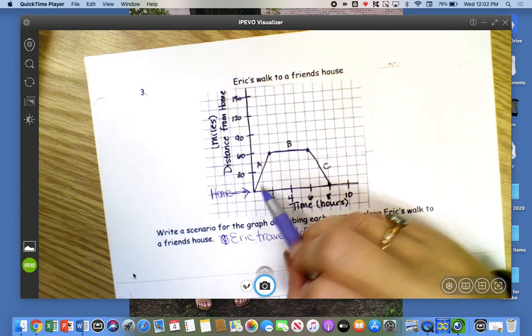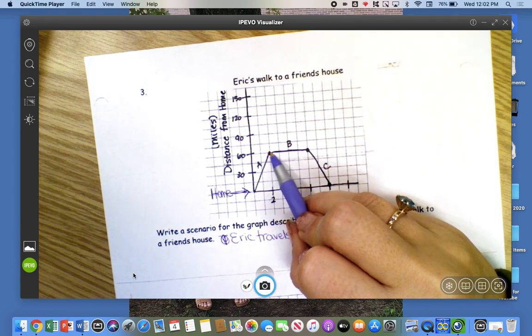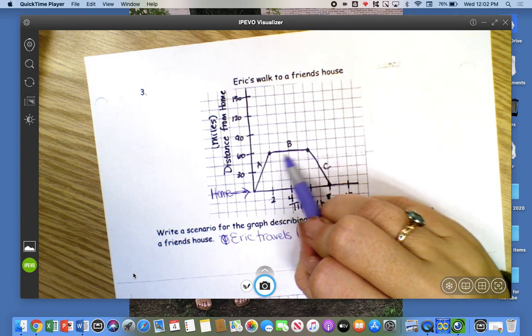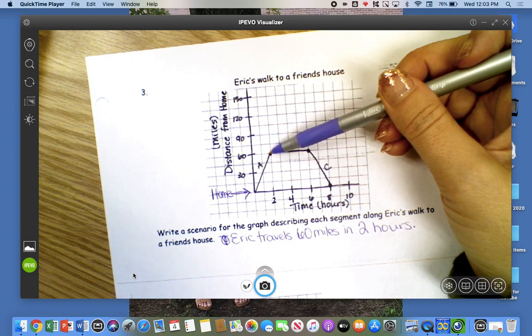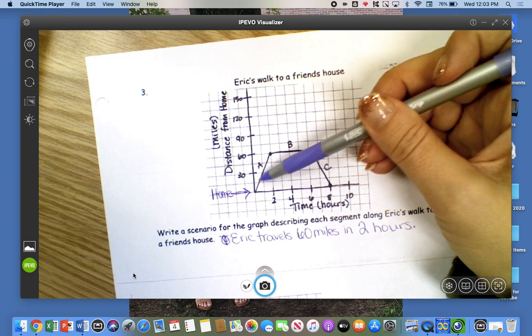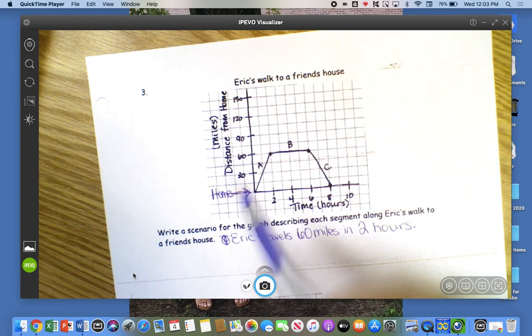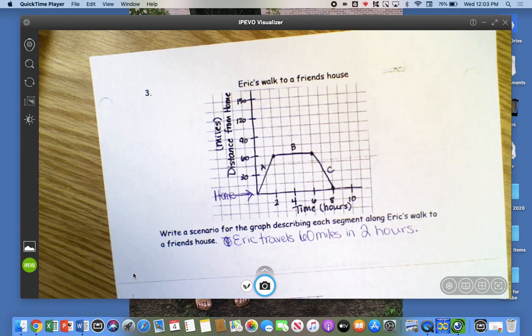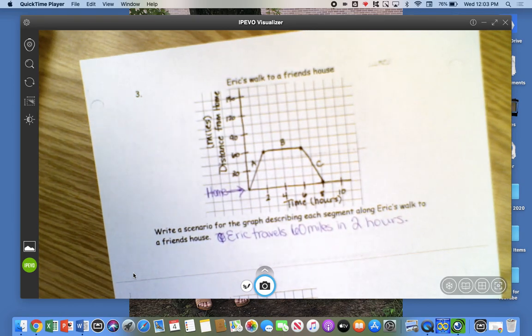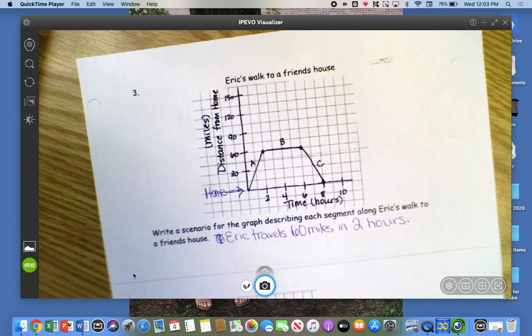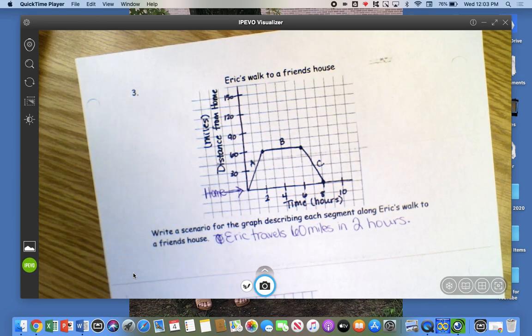All right, so he stays 60 miles away. So he's traveling, and then he has a flat line where his distance doesn't change. What this means is he's not moving. He's staying 60 miles away from his house. So this is probably a point in time where he stops to visit his friend.